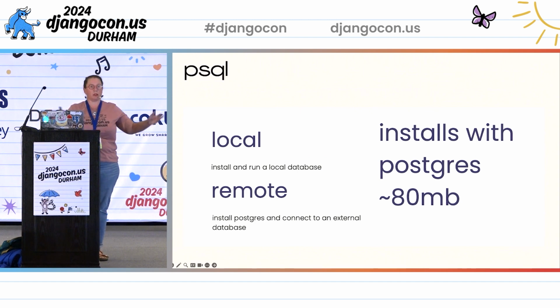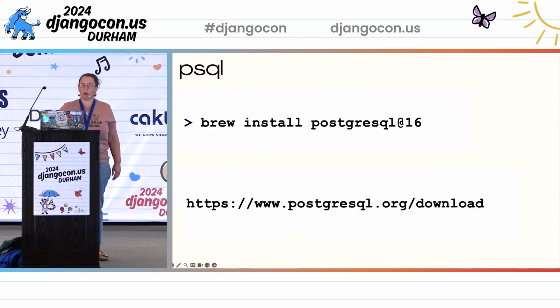If your company's Postgres is running at Amazon RDS, you will have to install Postgres in order to work with the psql command line. It's not the biggest package in the world. It could be smaller, but it's not terrible. If you're on a Mac, you can just brew install Postgres. There's lots of other distributions that they provide as downloads that work pretty well.